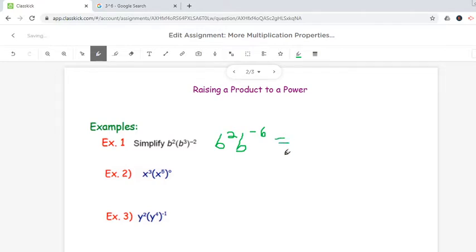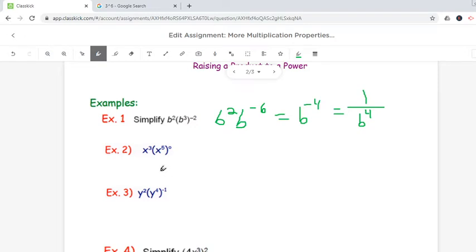Okay. Now, there are no longer any exponents outside of the parentheses. So we just add. So negative 6 plus 2, that is negative 4. And in this case, we have a negative exponent, so we can put this in the denominator and change the negative to a positive and put it over 1.